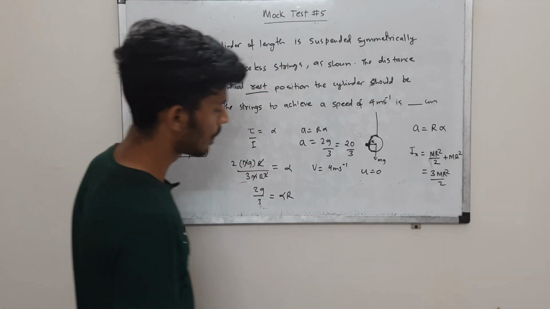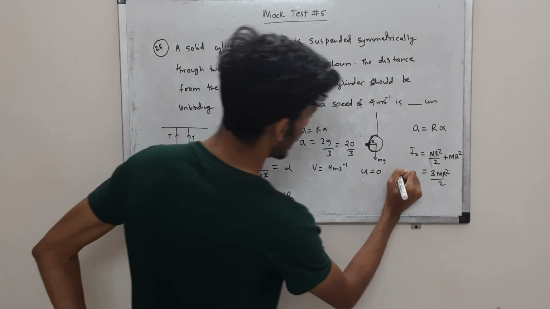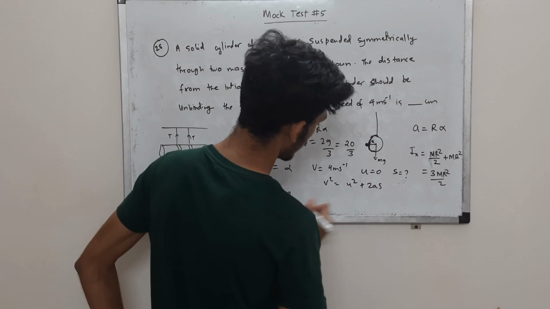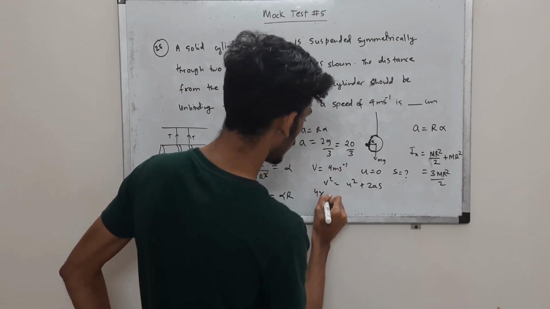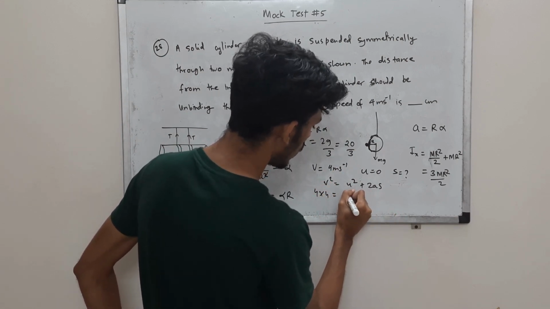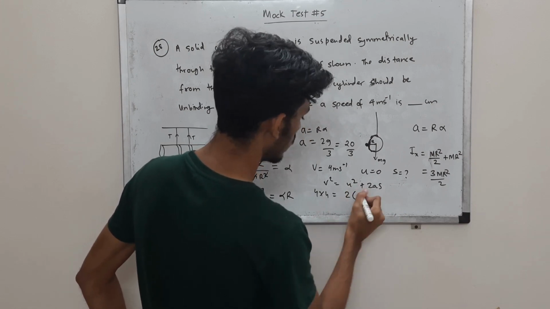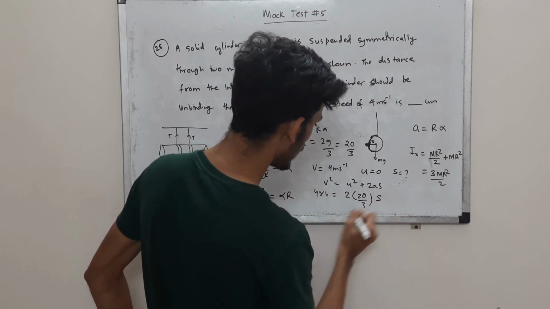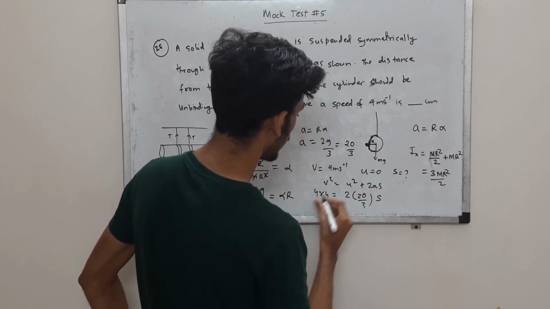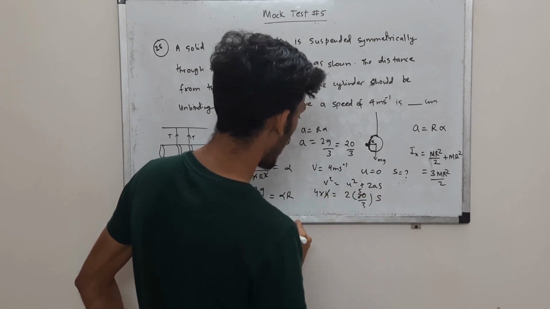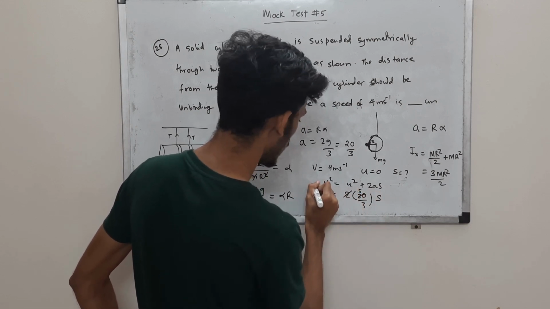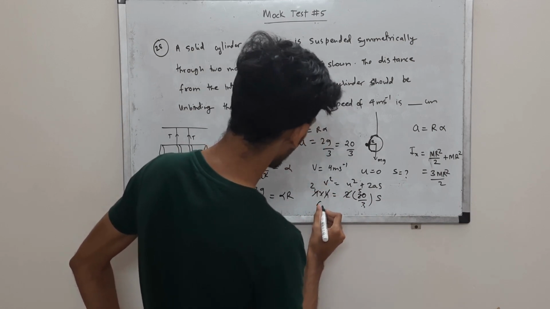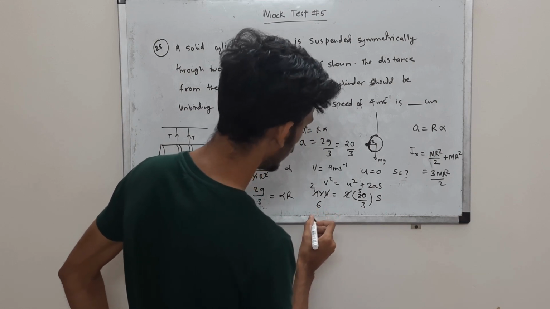So we want to find s, so we can use v square is equal to u square plus 2as. v square is 4 times 4, u square is 0, 2a with acceleration 20 by 3, and s is something which we will find out. So you can say 4 5s are 20 and 2 2s are 4, so 2 3s are 6 and we'll have something in the denominator.